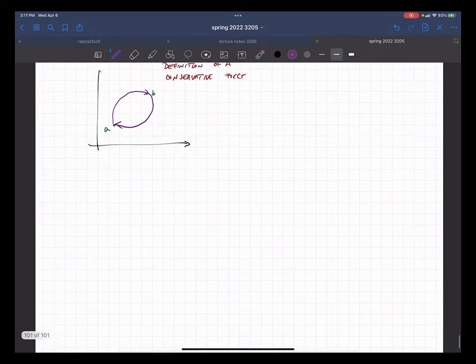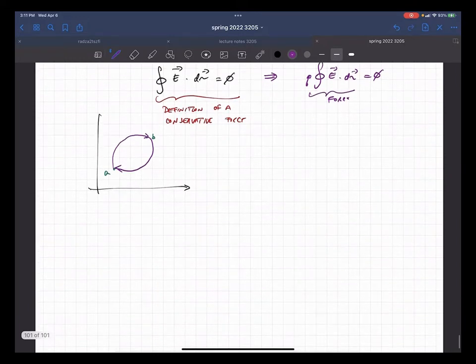Since we've shown this, it means that we can define something called a potential. We call that V for the electrical potential. Now you've got to be careful, that's not the potential energy yet. This is the potential.